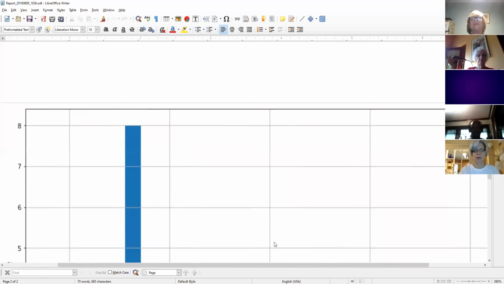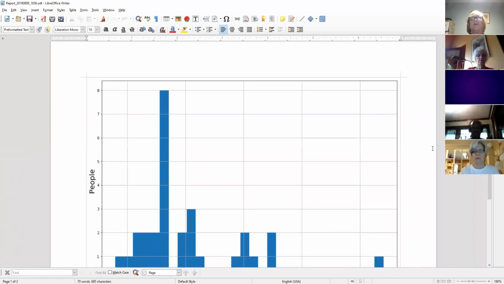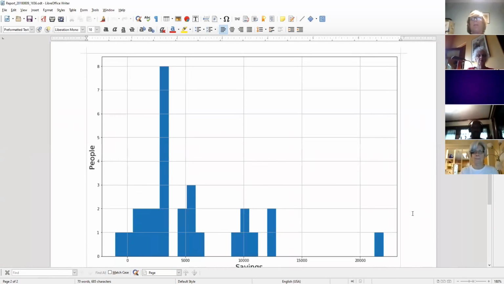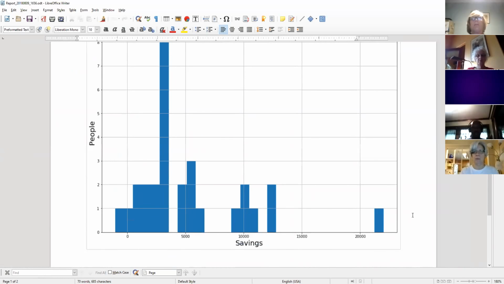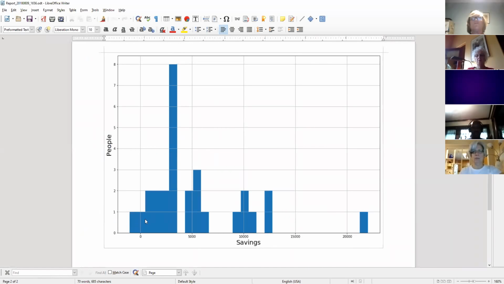Oh, wrong direction. So based off of the people who've seen it so far, this is a histogram. On the vertical axis are the number of people who have used the site, and on the horizontal axis, I've binned those people into how much they would save per year.